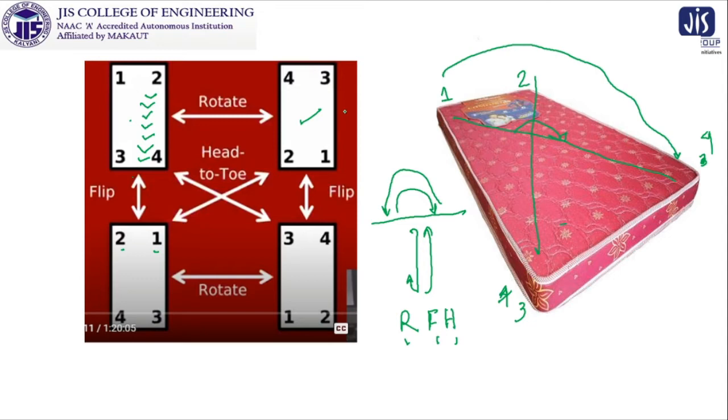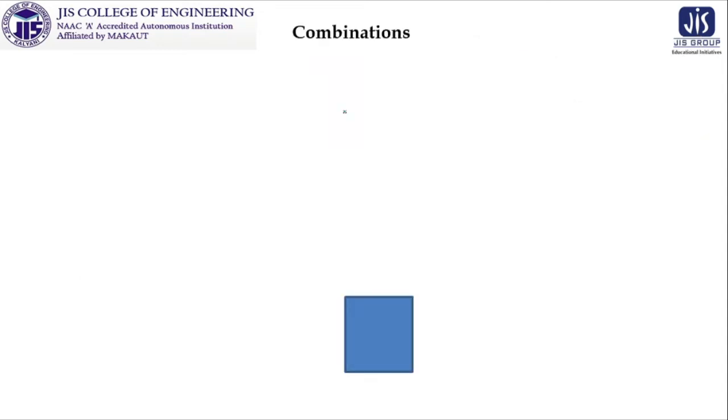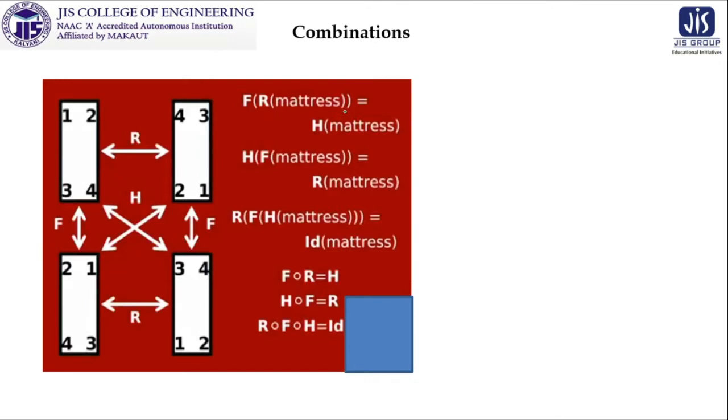So let us go to the next slide and check what we are asking for. If F denotes flipping like the last slide, R denotes rotation and H denotes head to toe, then what is the story of the composition of these operations?